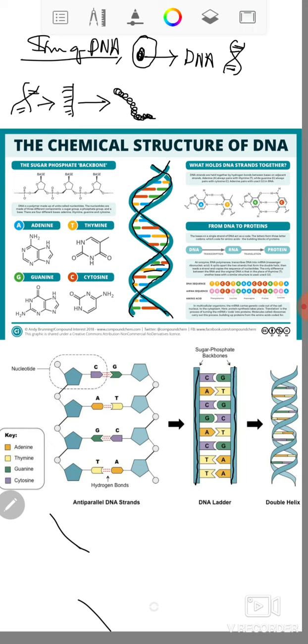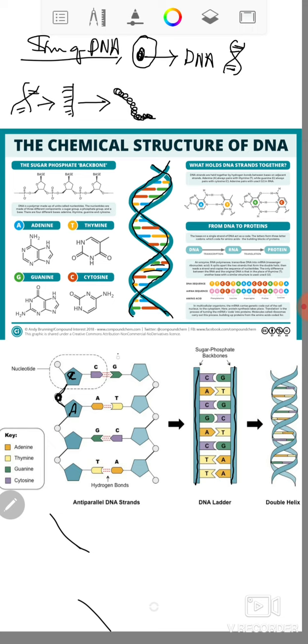Here are bases attached with one another. Here you find two types of bonds. For example, in this structure you can see this is cytosine and this is adenine. They are attached by a bond which is called a phosphodiester bond.